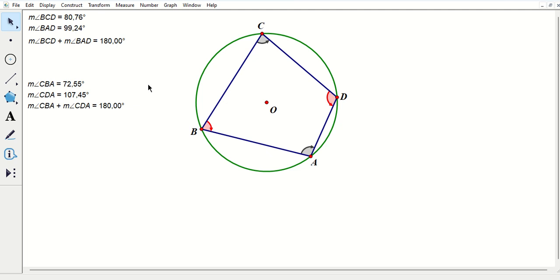And that's how you can prove that a quadrilateral is a cyclic quadrilateral. You can prove that its opposite angles are supplementary, and it's not for every quadrilateral, but only for cyclic quadrilaterals.